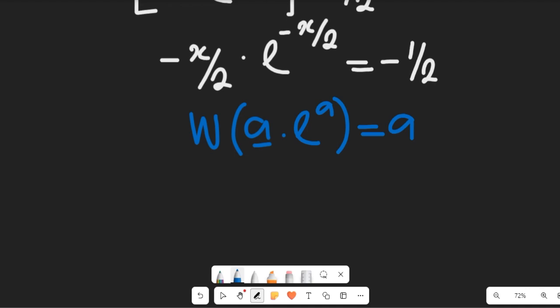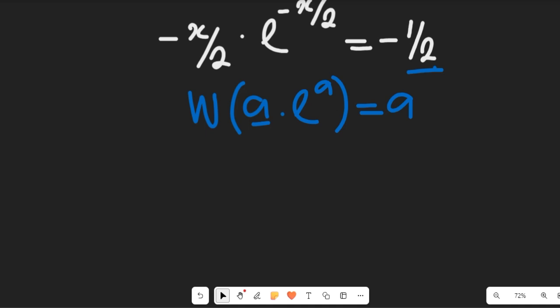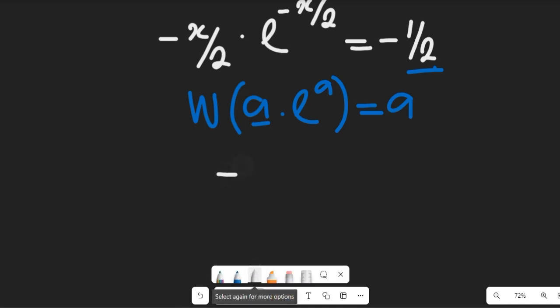Good. If that gives me this solution, that means I'm in the right track. So if I look for the Lambert W of this, I'm going to have that expression simply give me negative x divided by 2. That is on this side, right?